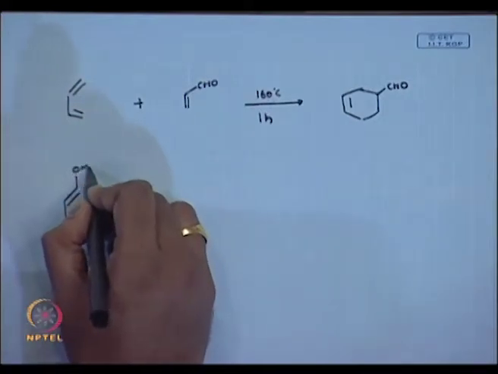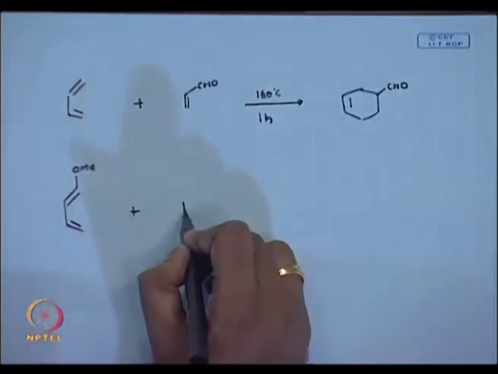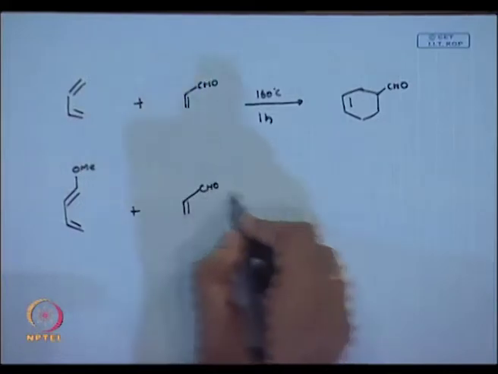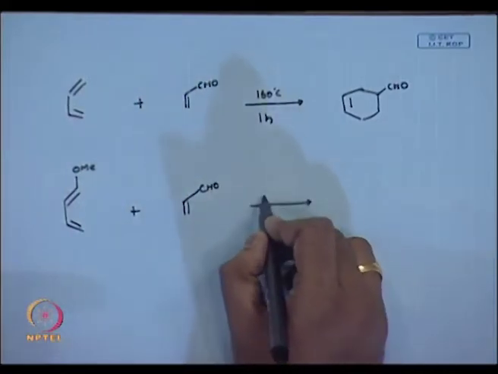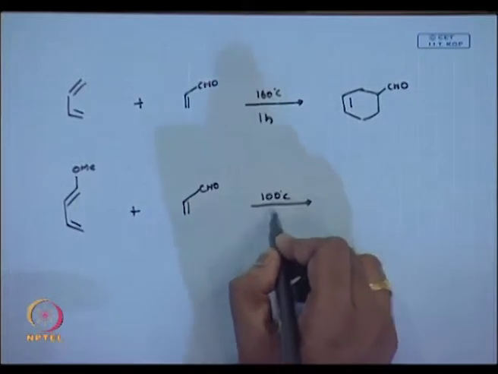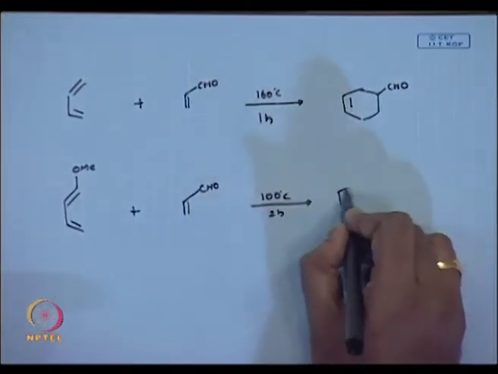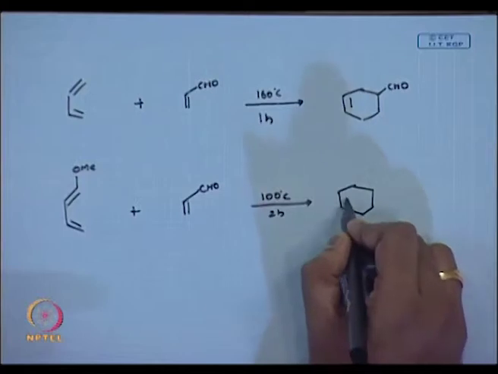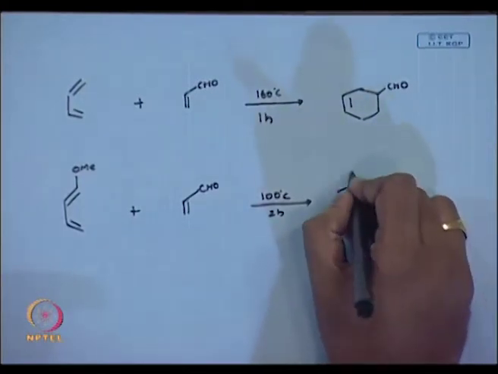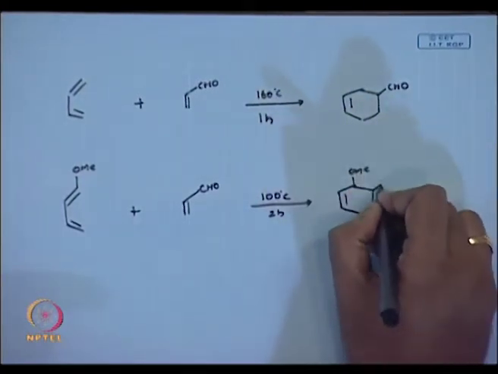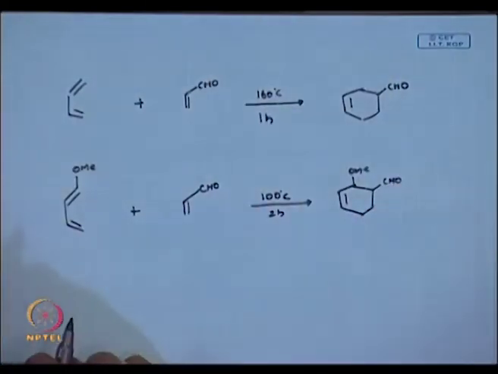So, for example, I take a methoxy and do the same reaction, and you see that the reaction in 100 degrees Celsius in 2 hours gives me my product. So, that is the reactivity of Diels-Alder. The reactivity of your Diels-Alder can be altered by altering your dienophile and diene.